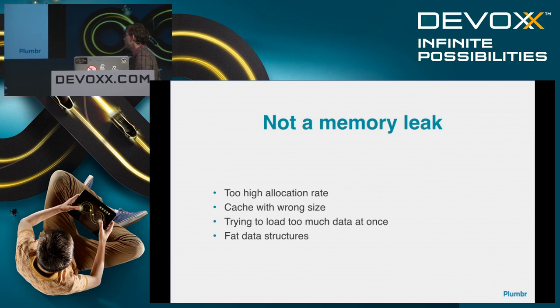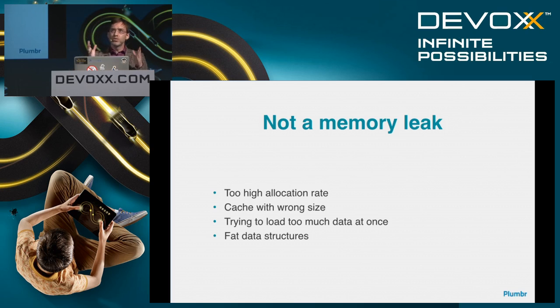And fat data structures. I really like that example, for example, java.util.HashSet. Very common data structure. Everybody uses that from time to time. But on average, when you measure how big a HashSet is, how much memory it requires to hold a particular amount of raw data in it, on average, java.util.HashSet has an overhead of 13 times.